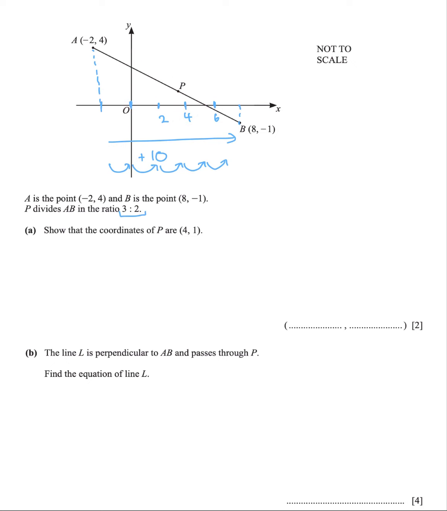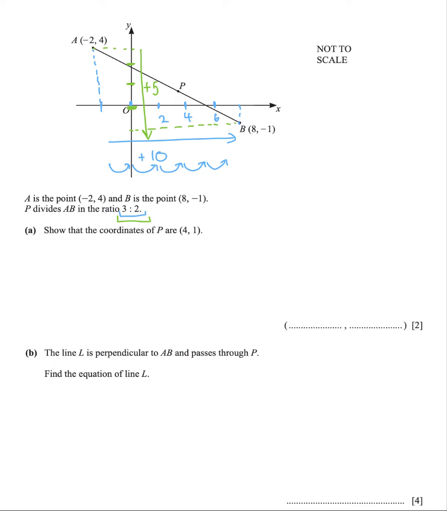And then if I do the same thing in the y, going from my -1 value to my 4 value, this has got an increase of 5. And again, the ratio is split into 5, so that means that each part must be 1. So 1 part, 2 part, 3 part. I'm not sure this is overly to scale there, but this is 5 parts.